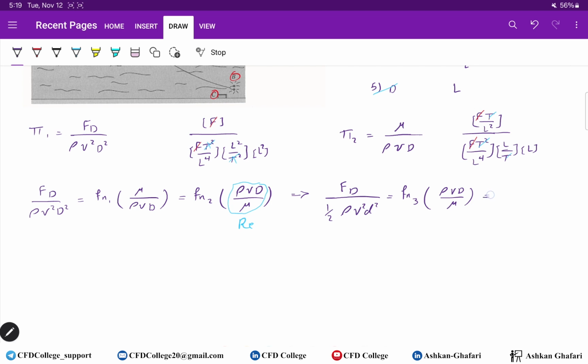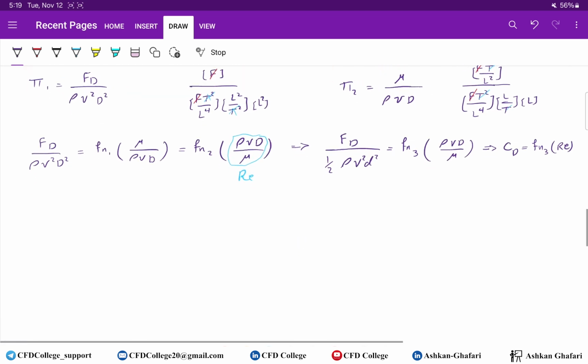So basically Cd, which is drag coefficient, is a function of Reynolds number. Now we know that we have two dimensionless groups, and using these groups we can solve the problem.